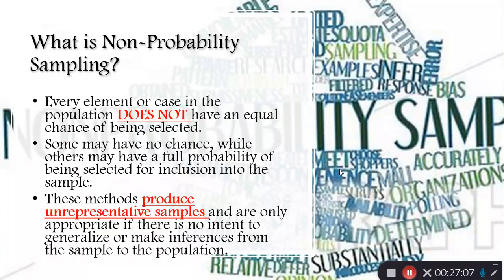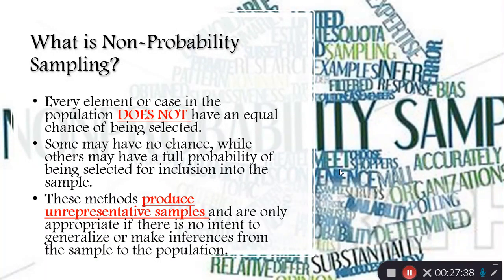It's just that if our goal is to make generalizations, then it's very important that we make every effort that we can to use a probability sampling method, or to produce a representative sample that can only be drawn from a probability sampling method. But I also want you to understand what your options are, as I always try to present options to you and give you the best and worst case scenarios in all circumstances.